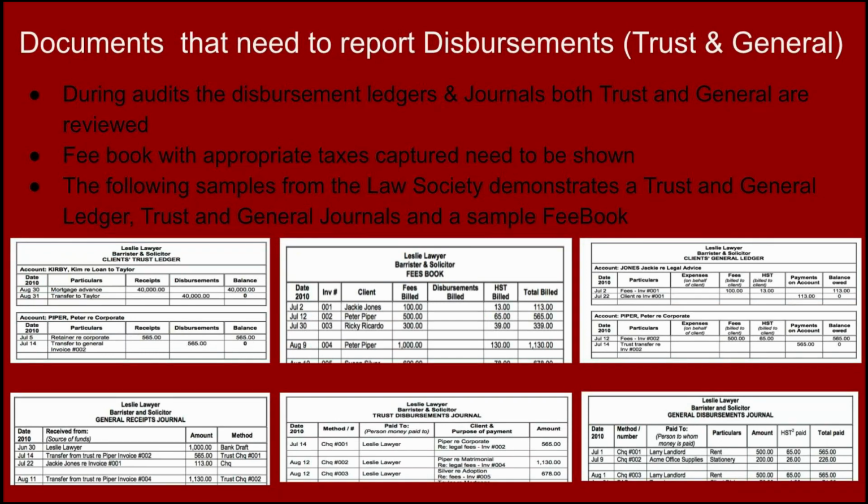Now, quickly about the documents that you need to report disbursements on. Because if you're using uLaw, these are all automated. The backend reports, the inputs that you provide that get converted into outputs, are all automated, right?